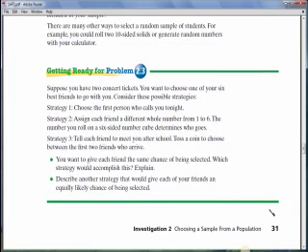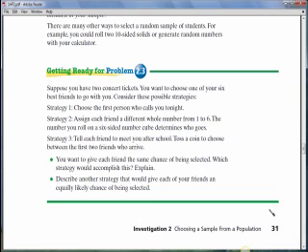Okay, getting ready problem. Suppose you have 2 concert tickets. You want to choose one of your 6 best friends to go with you. Consider these possible strategies. Strategy 1, choose the first person who calls you tonight. Strategy 2, assign each friend a different whole number from 1 to 6. The number you roll on a 6-sided number cube determines who goes. Or strategy 3, tell each friend to meet you after school.